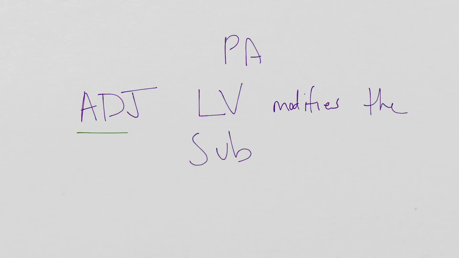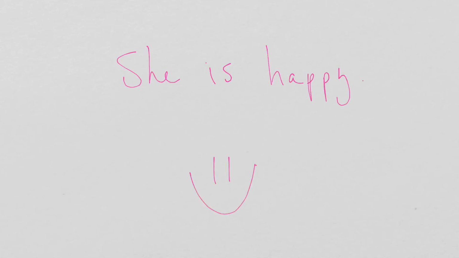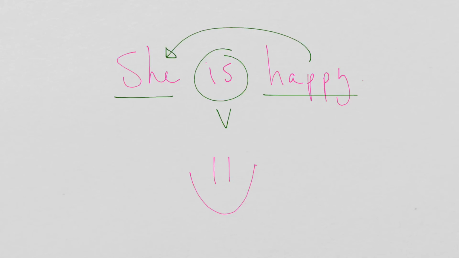It's an adjective that follows a linking verb and modifies or describes the subject. Here's an example. She is happy. Okay, so in this case, she is the subject, is is the verb, and happy is an adjective that follows the linking verb is and modifies the subject. So happy is the predicate adjective.